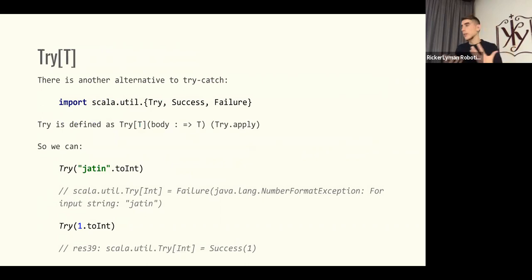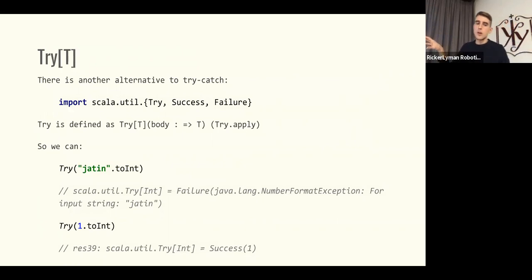There is another alternative to try-catch, which looks a little bit closer to the try-catch itself. There is something called Try in Scala, and by using that, we can wrap around some code block which might throw the exception, and this Try builder will catch this exception for us and will return either Success or Failure.